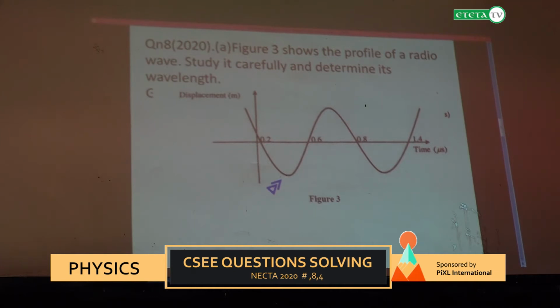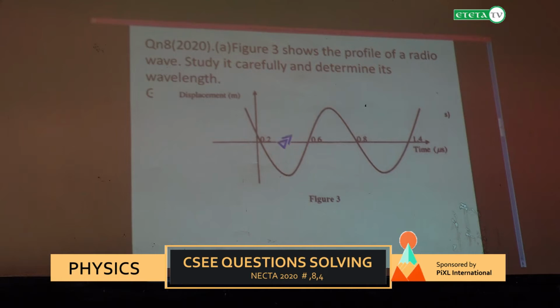Yes, the period is the time where a wave completes one cycle. You see, this is the first half, and we have another half.